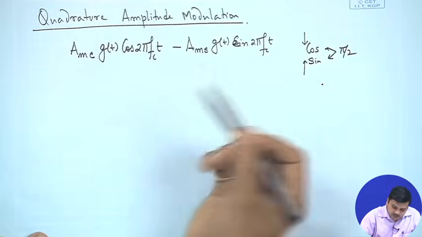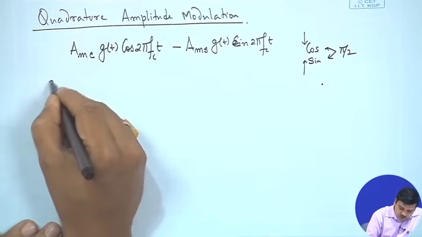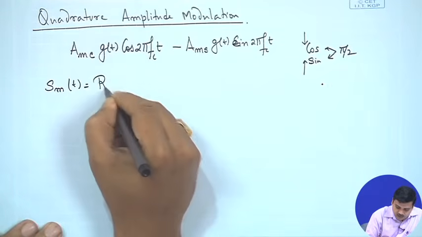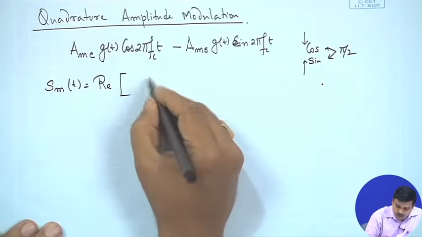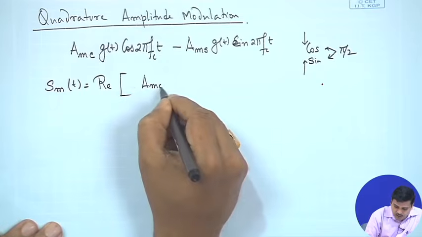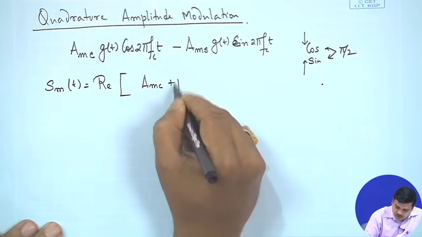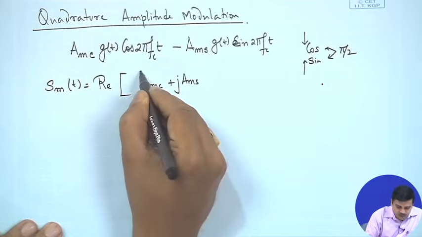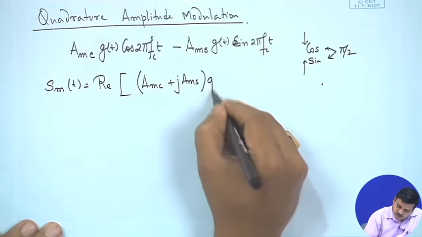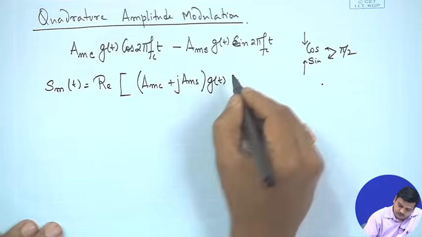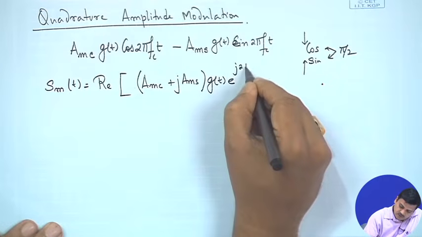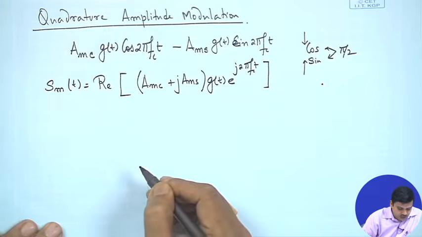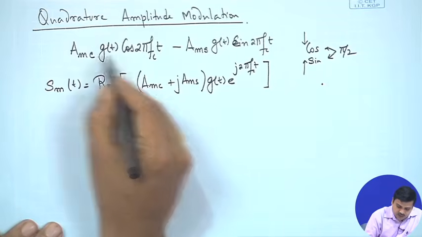Effectively, we should write m(t) as the real part of (A_mc + j A_ms), so this is x + j y according to what we had discussed before, times g(t) e to the power of j 2 pi f_c t, and this would result in this expression.